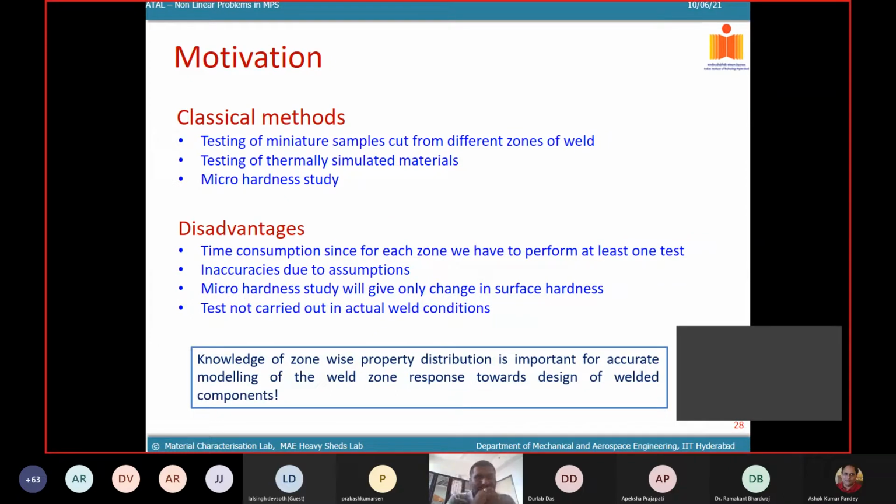The basic understanding in a welded structure is that when I'm applying a load, it should not break in the weld zone, it should break away from the weld zone. That is how you ascertain the quality of the weld. It should always break away from the weld instead of at the weld.